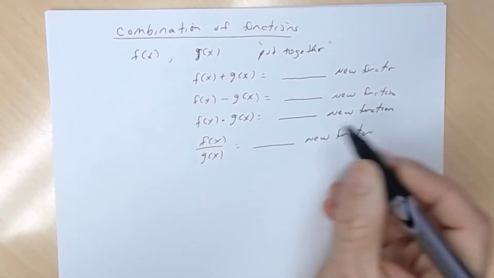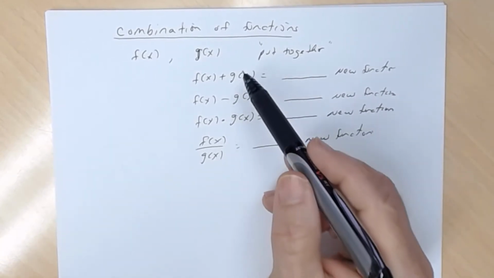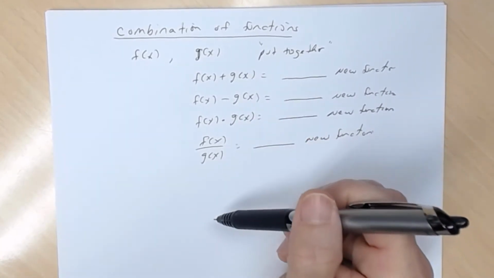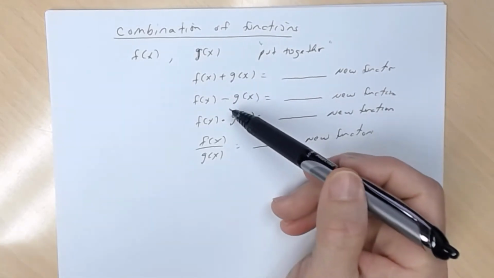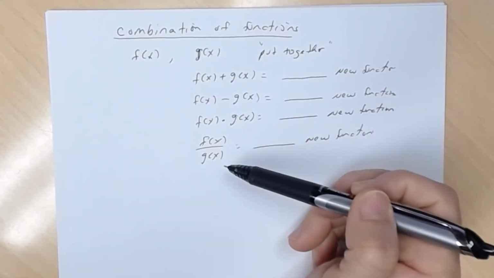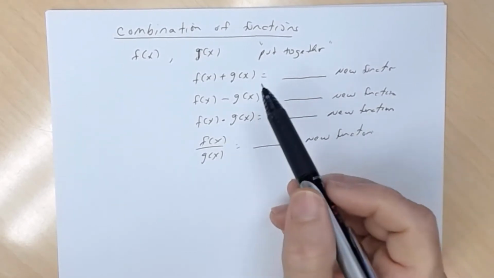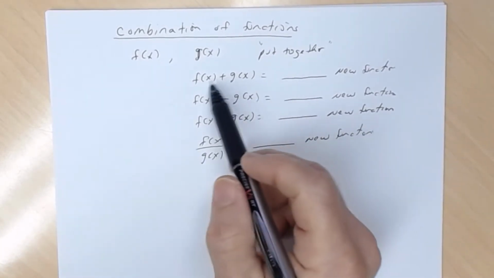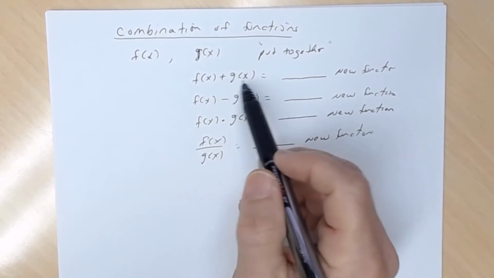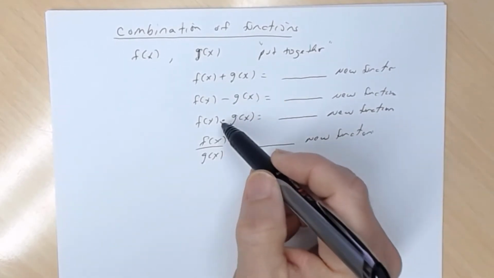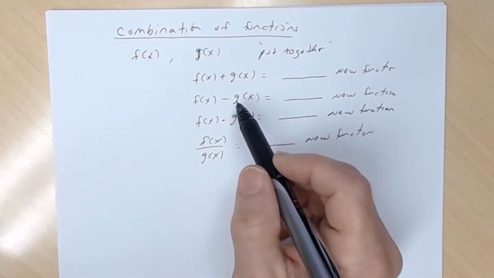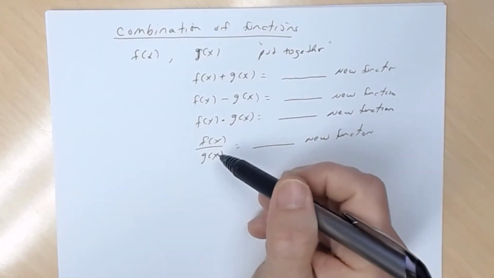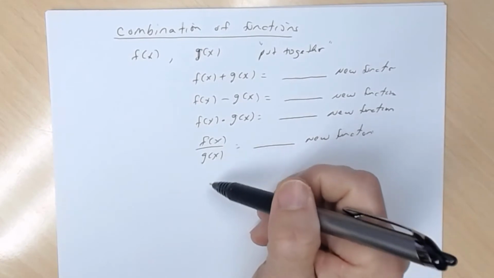So when we combine functions, you're using the four arithmetic operations. We can add, subtract, multiply, and divide. Now, one thing I've got to remind you is that the order in which you add does not matter. The order in which you multiply functions does not matter. But remember, subtraction is not commutative, and division is not commutative as well.